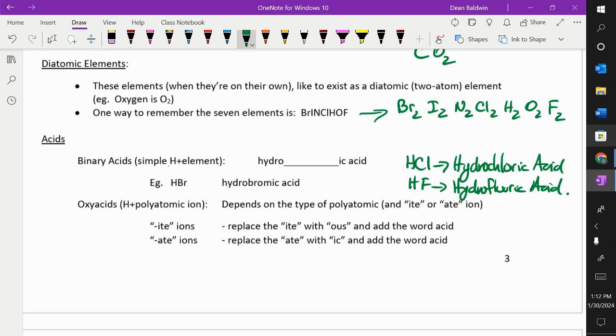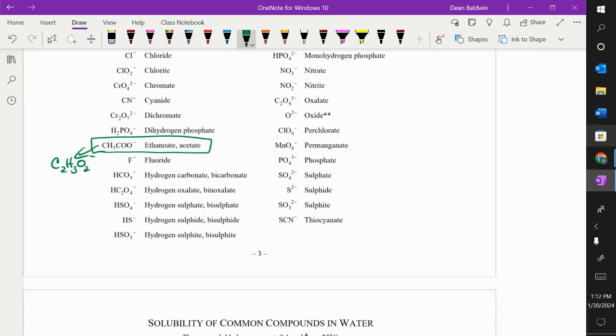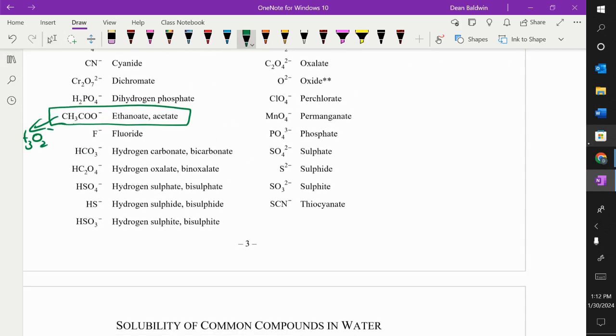And then the polyatomics, there's a little rule with the polyatomics. If the original name ends in "ite," so if you look on your data package, here's the polyatomics. If we end in "ite" right here, it's ending in "ite." So if I had H2SO3, we know that's an acid because it starts with hydrogen. SO3, you look on your table, SO3 is there, it's "ite."